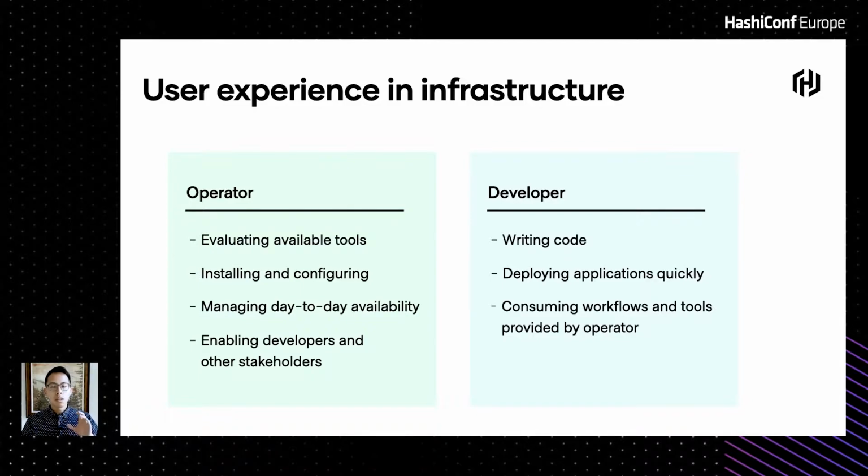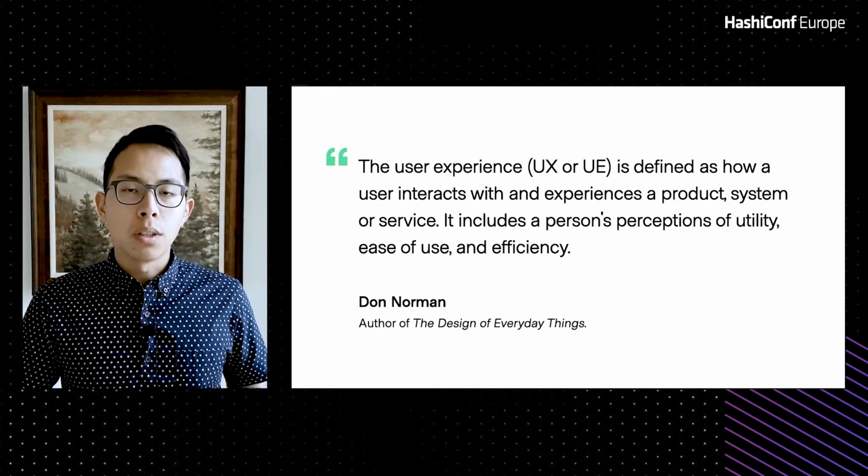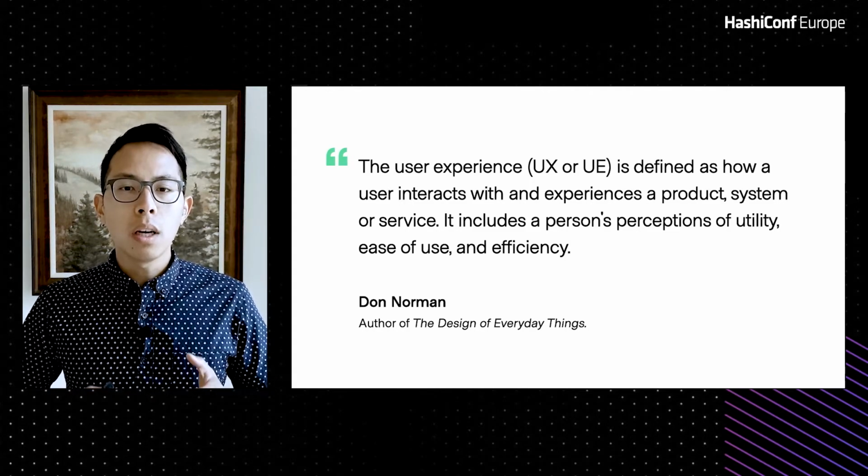And so between these two types of users, the operators and the developers, we see that there's a very strong and clear producer-consumer model where developers are the end consumers of the workflows and the infrastructure tools that operators put into place at their organizations. Developers consume and use these tools and follow these workflows to deploy their applications and their software onto their company's hardware.